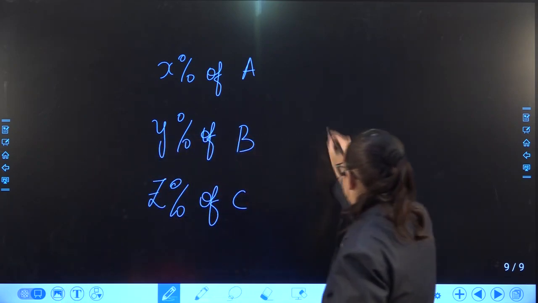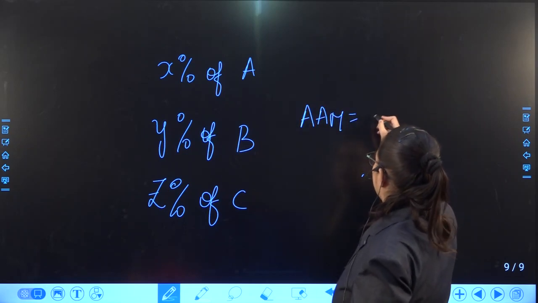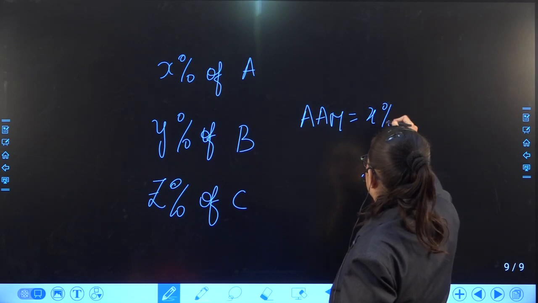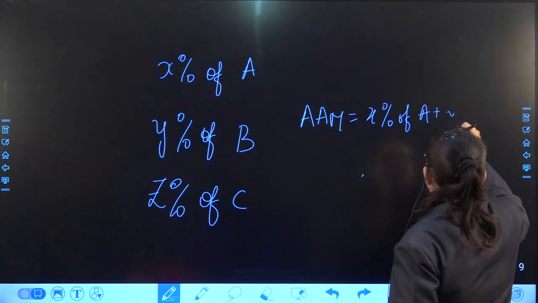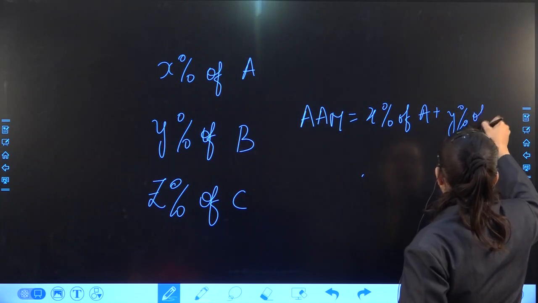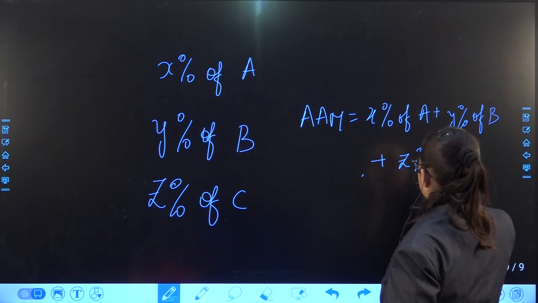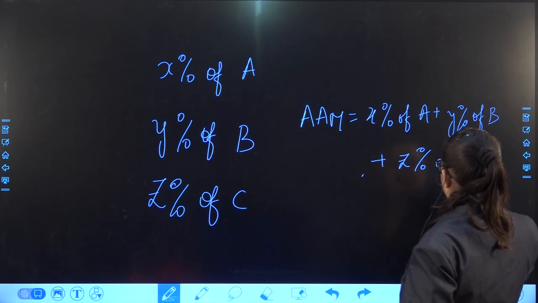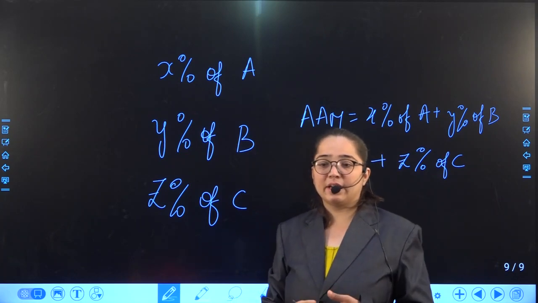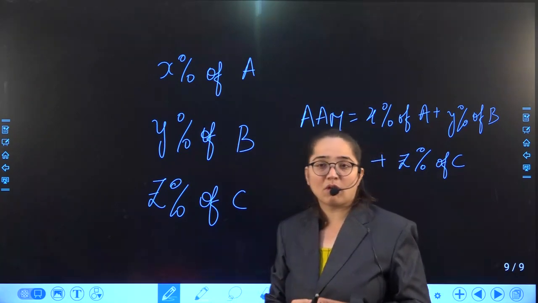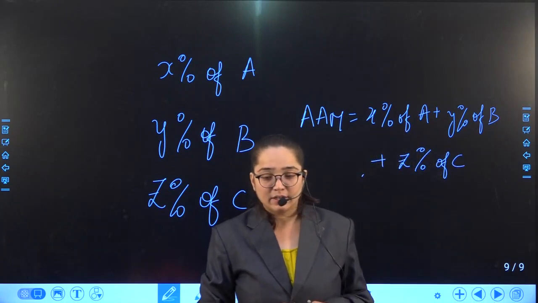Then the average atomic mass will be X% of A plus Y% of B plus Z% of C. Then divide it; if there are 3, you do the corresponding division and calculate, like we did in chlorine.